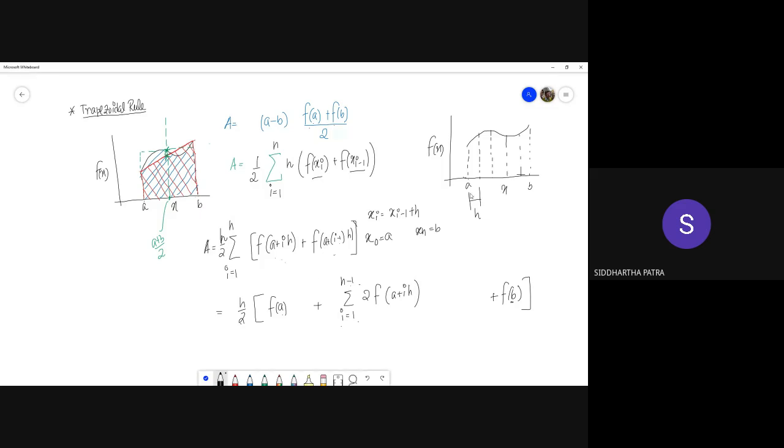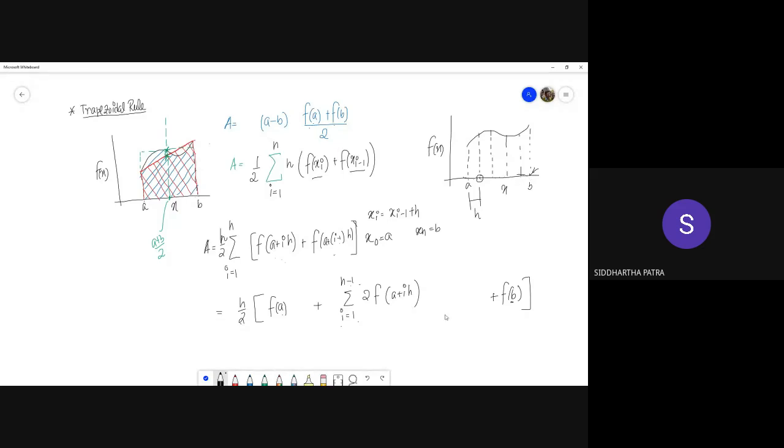Consider the first segment. You take f of a and f of a plus h. When you move on to the next segment, you take f of a plus h and then f of a plus twice h, and you continue to do that. So f of a plus h is considered twice, and the same thing happens for each segment up to n minus 1. But when you run into the nth segment, f of xn is only used once.